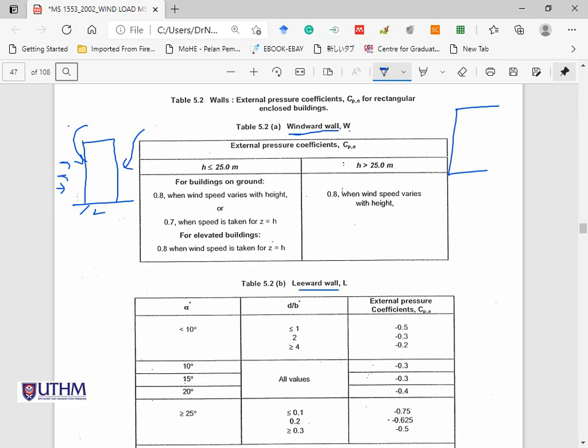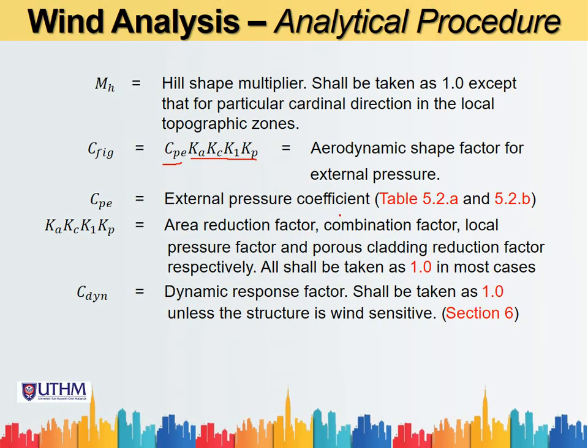It is hard for me to write leeward wall. Okay, leeward wall here. So here is negative pressure. Here there is uniform pressure, and here there is non-uniform pressure. So that is for the external pressure coefficient, from table 5.2a and table 5.2b.